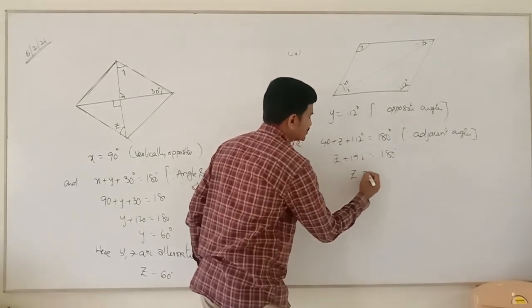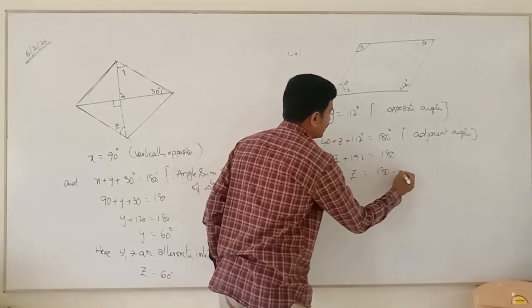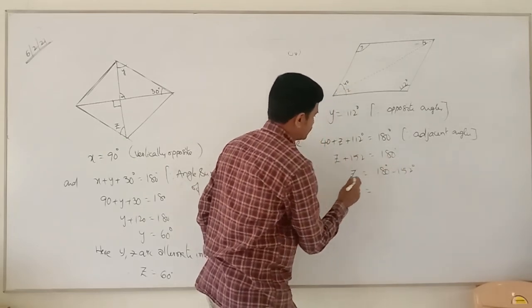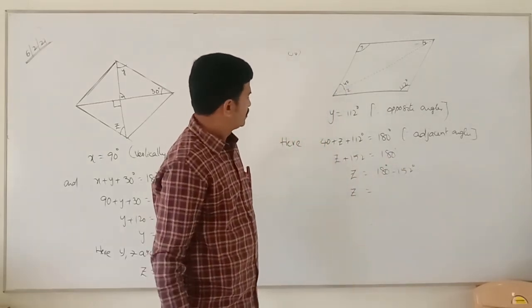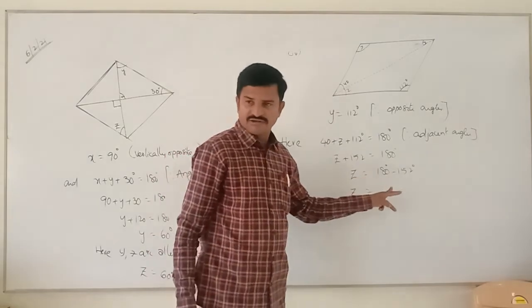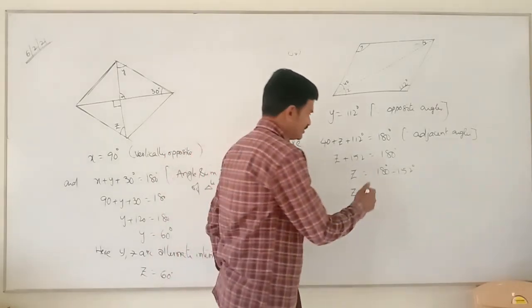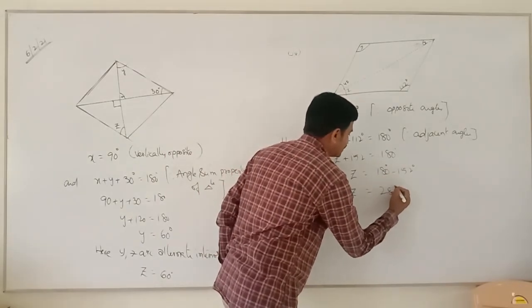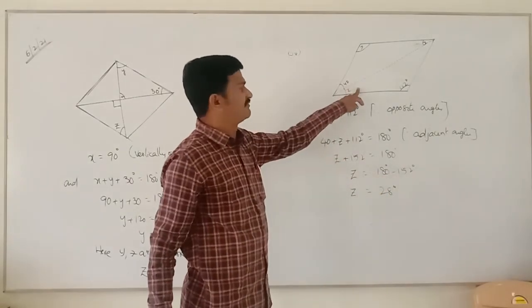Then z is equal to how much, children? 180 minus 152 is 28. So z equals 28, we got it.